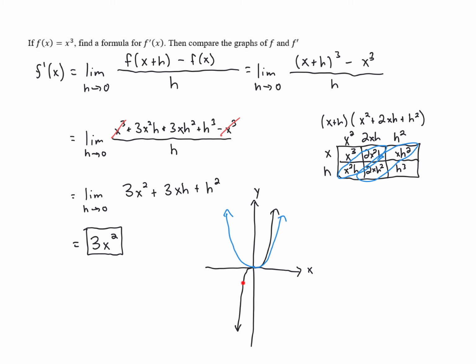And as we move to the left, the steepness is increasing, and that's why the derivative, as we move to the left, is increasing as well. So that's really a rough comparison of those two graphs, the function itself and the derivative.